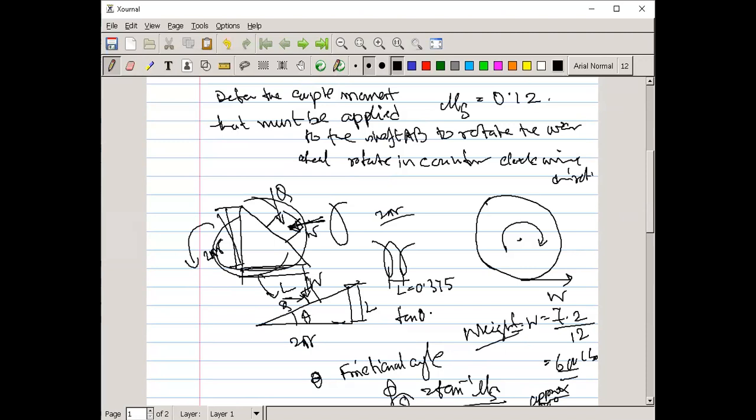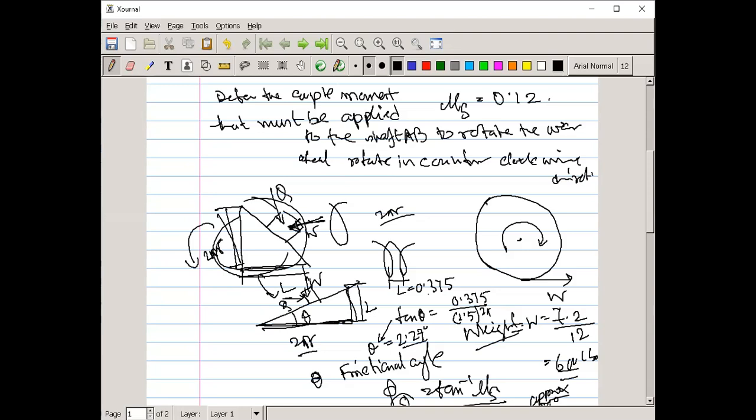So tan theta is nothing but 0.375 divided by 1.5 into 2 pi, because it is 2 pi r, no? Tan theta is this one by this one. So this is 2 pi r. R is 1.5, sorry, and L is 0.375. So theta, from here we can get, is 2.27.